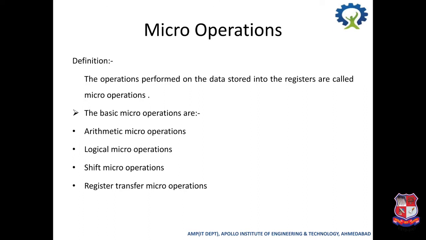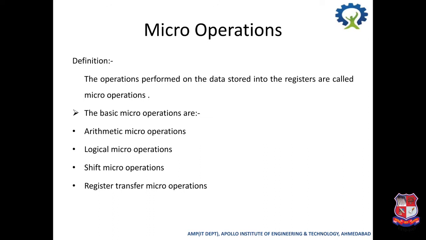In a logical micro operation, a bit manipulation operation is performed on non-numeric data stored in the register. In a shift micro operation, a shift operation is performed on the data, and in a register transfer operation, data is transferred from one register to another.